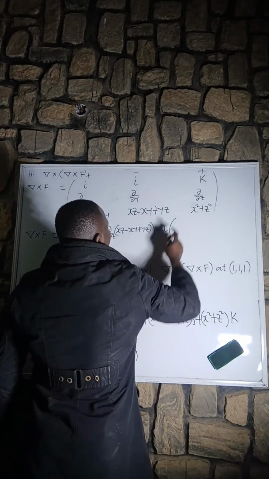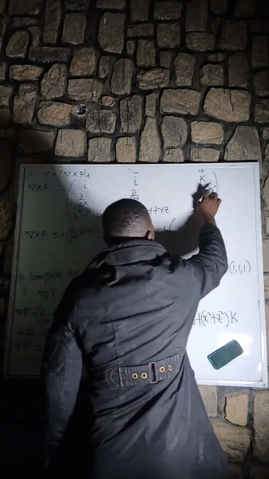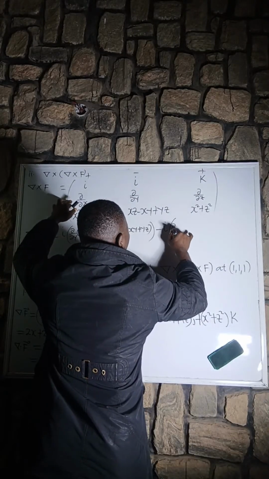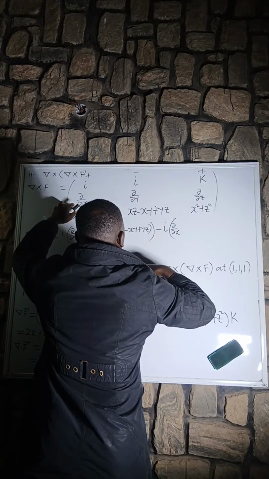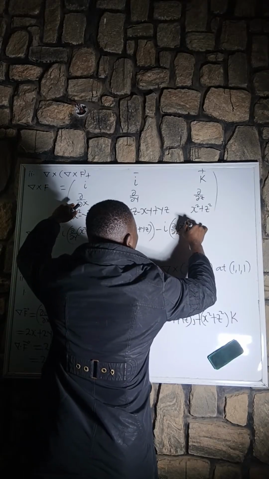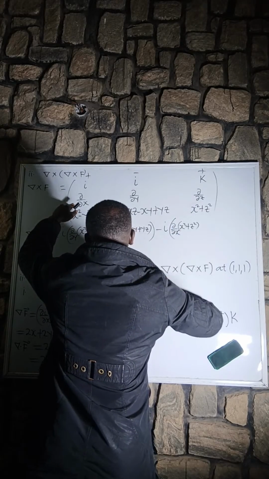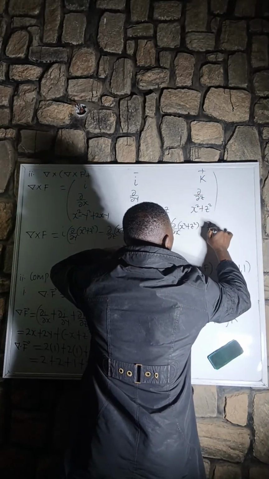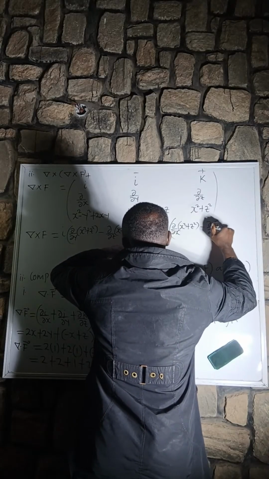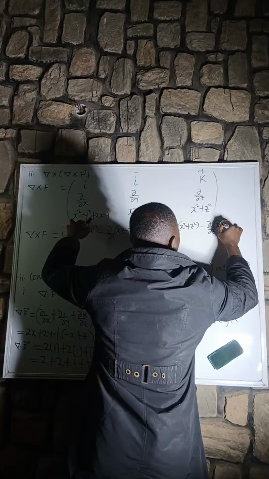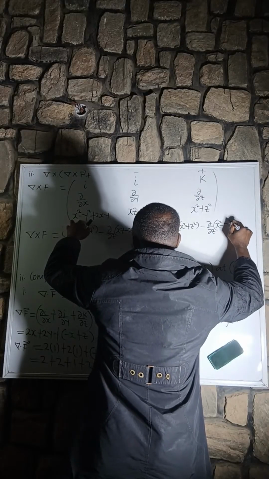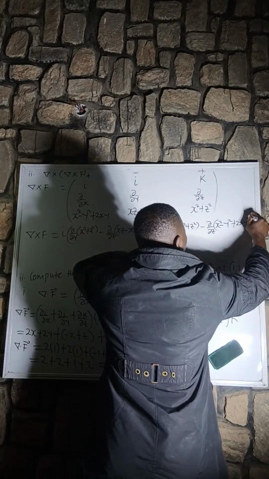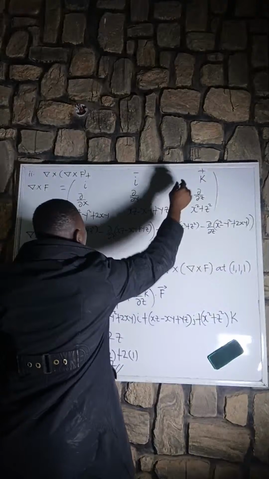So this will multiply this, minus this multiply this. So we are going to have partial over partial x, am I right? Times x squared plus z squared. Then this times this minus partial over partial z, open bracket, x squared minus y squared plus 2xy. Then close the bracket of j, then plus k.